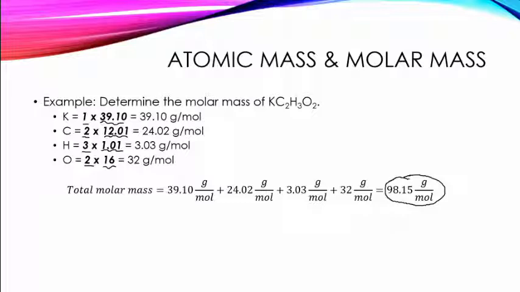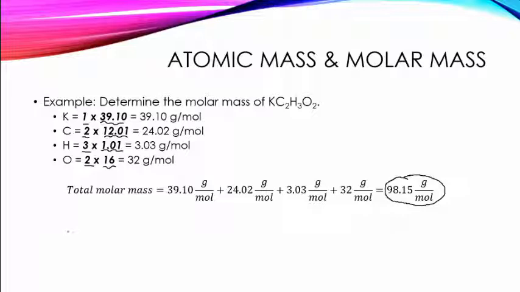So we take how many we have of each, multiply by the mass of that element, and then add everything together. The other way to do this, and this will probably be how I do it from time to time in class, is we can do them in 1 step.